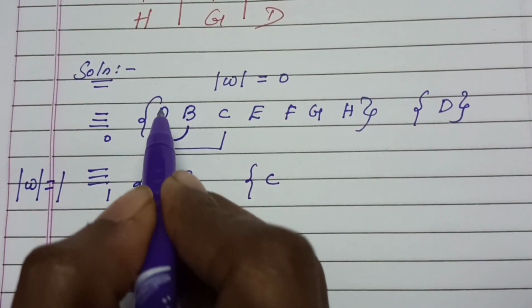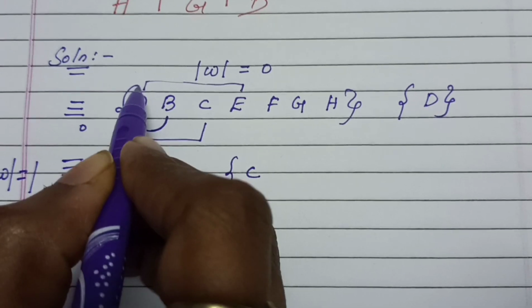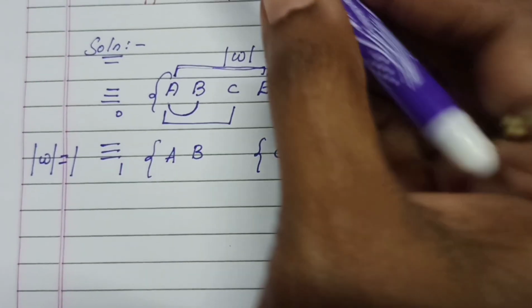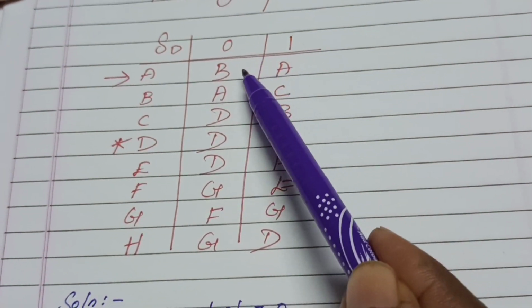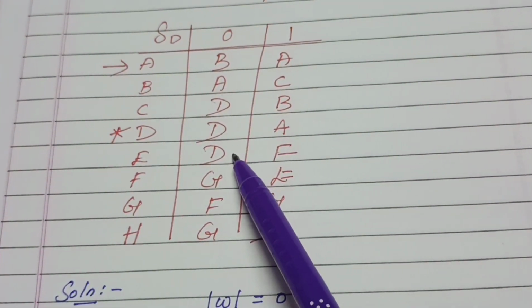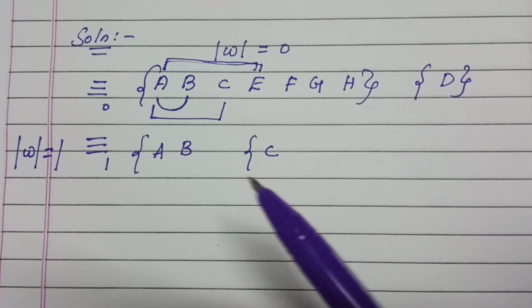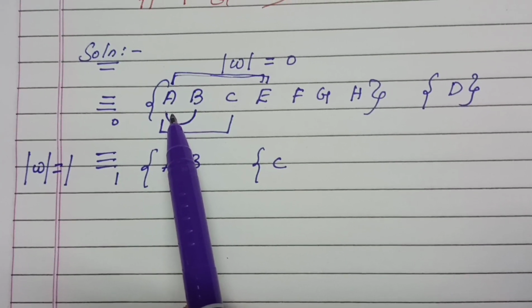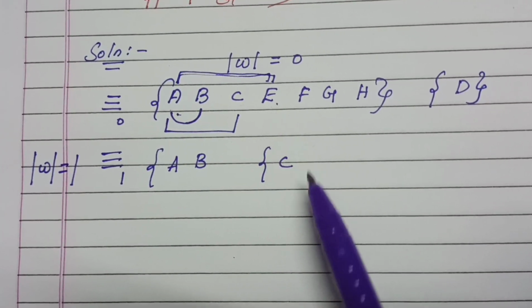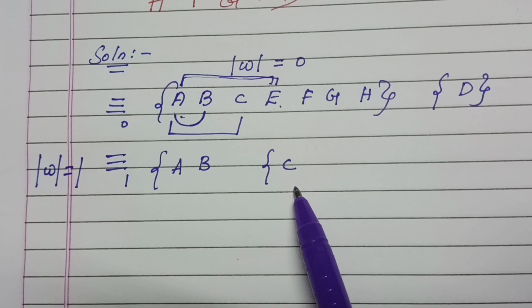Now consider A and E. When you check the transition table for A and E, on reading 0, it goes to B and D. B is in one set and D is in another set. So you cannot write E along with A. So what is the next step? We will check whether E can be merged with C. So let us compare E and C now.